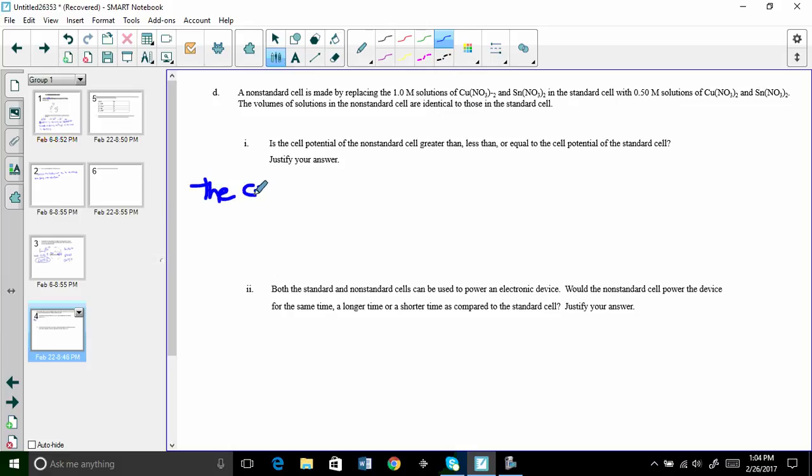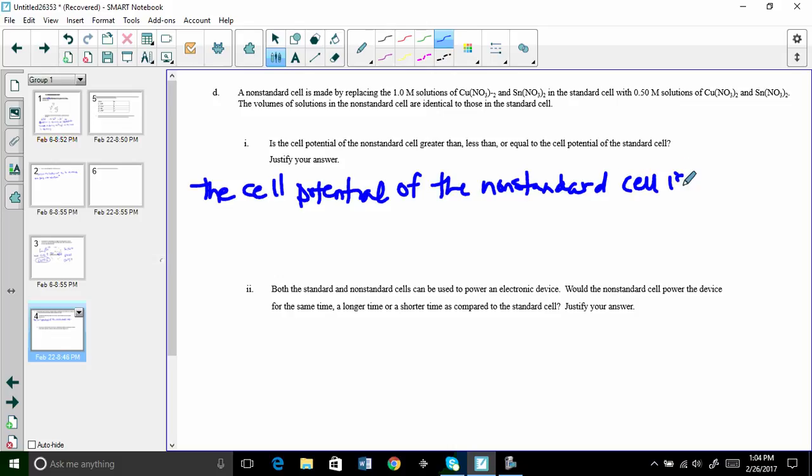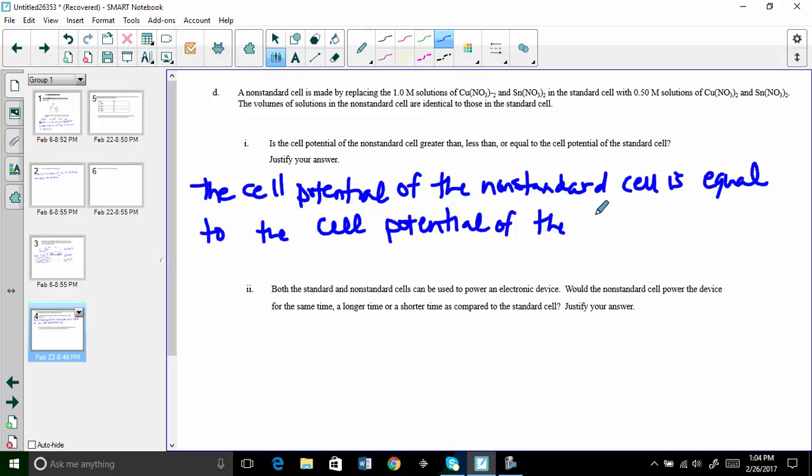the cell potential of the non-standard cell is equal to the cell potential of the standard cell.